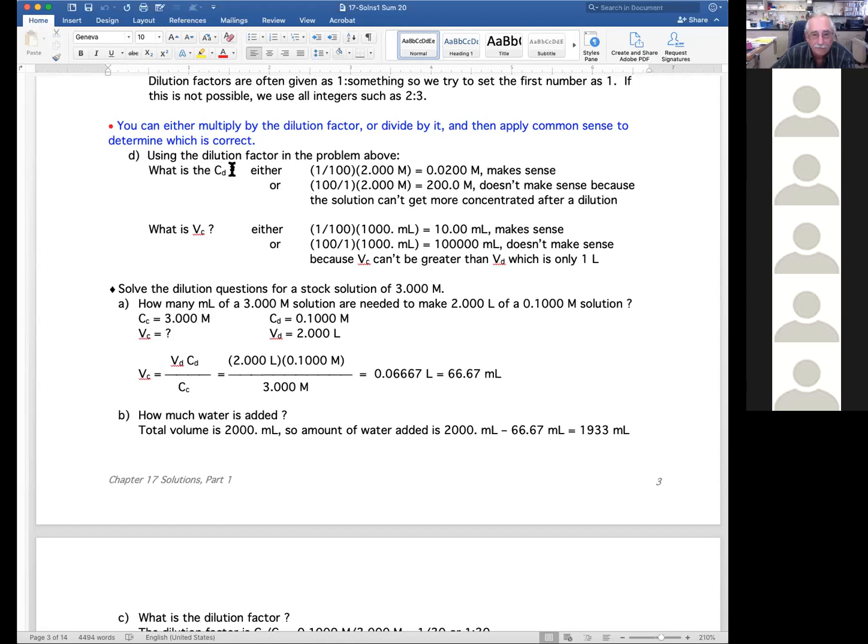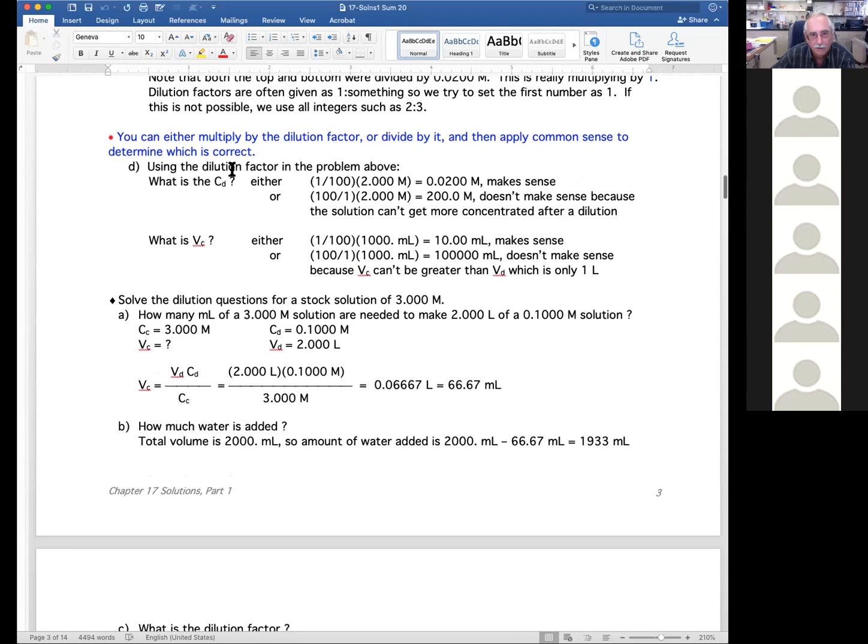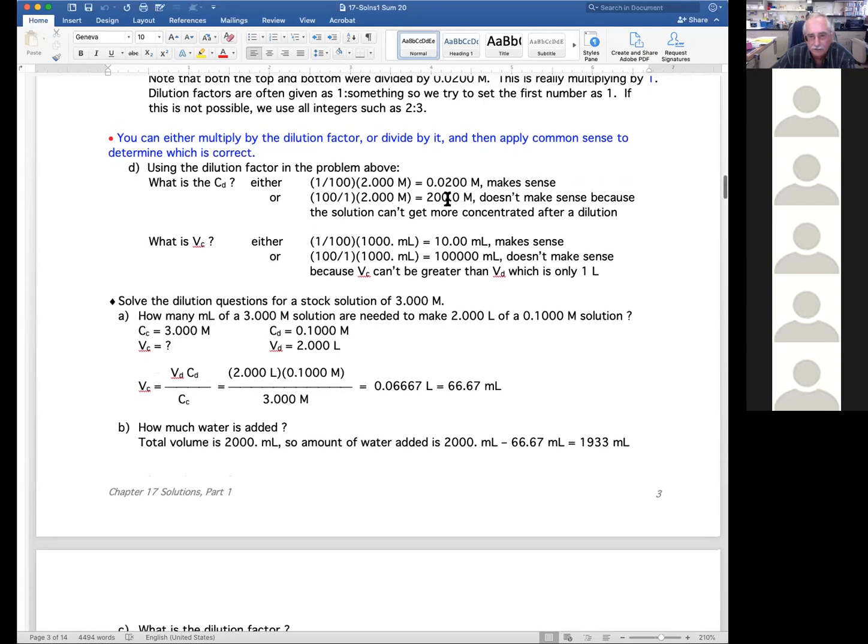If I have the concentrated one, I'm either going to go 1/100th times that, or 100/1 times that. This one makes sense. This one has no way of being true, because that's way more concentrated than you started with.